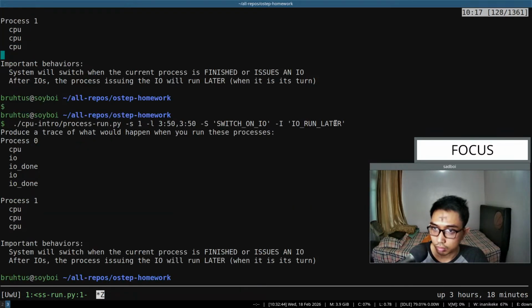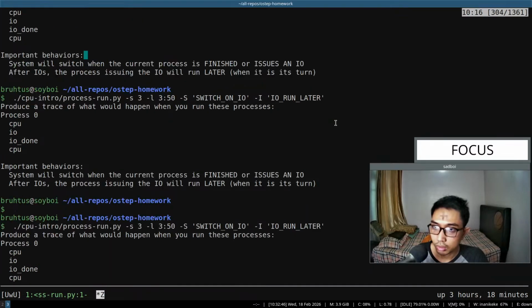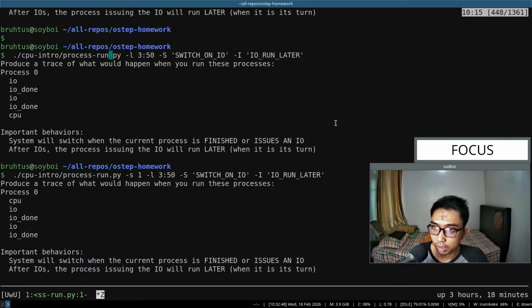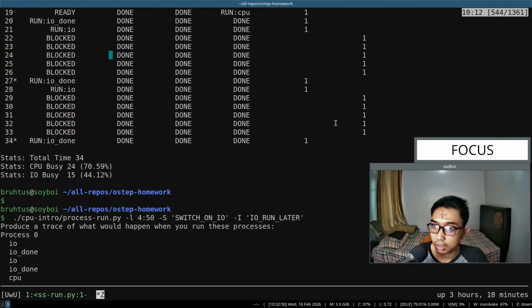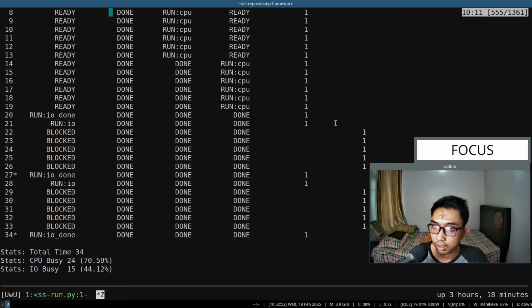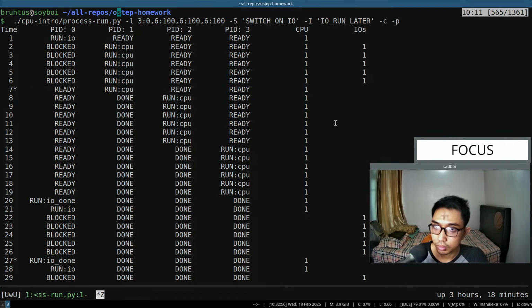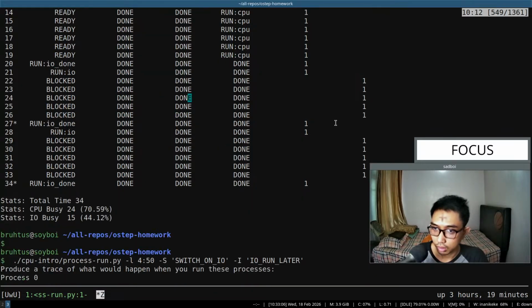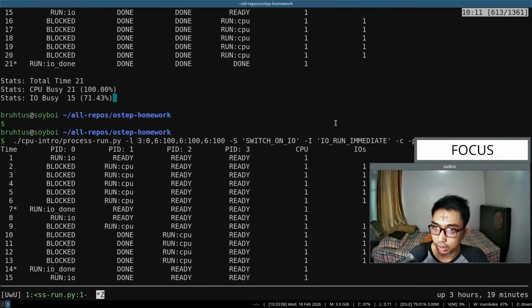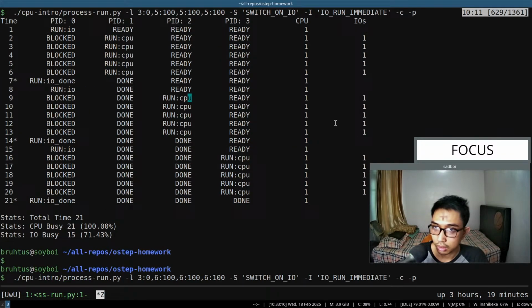I mean, previously, where is it? Yeah, right. Previously, we print out done. Maybe not this one, but yeah, maybe this one.